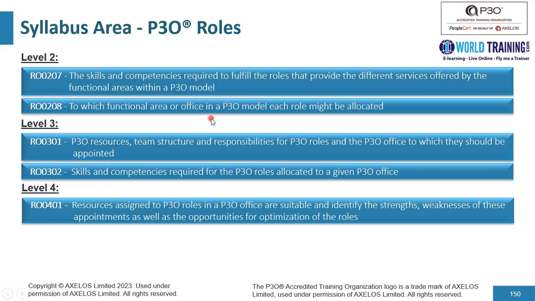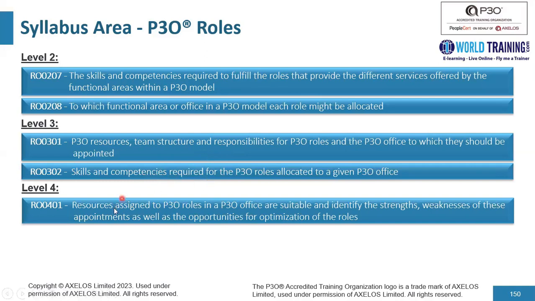To which functional area or office in a P3O model each role might be allocated is something that we will examine. P3O resources, team structure and responsibilities for P3O roles, and the P3O office to which they should be appointed is something that we would examine. Skills and competencies required for the P3O roles allocated to a given P3O office.